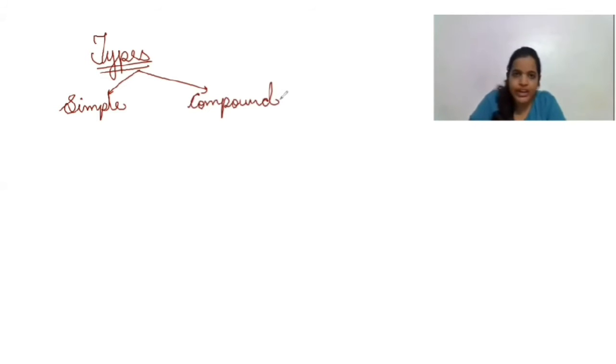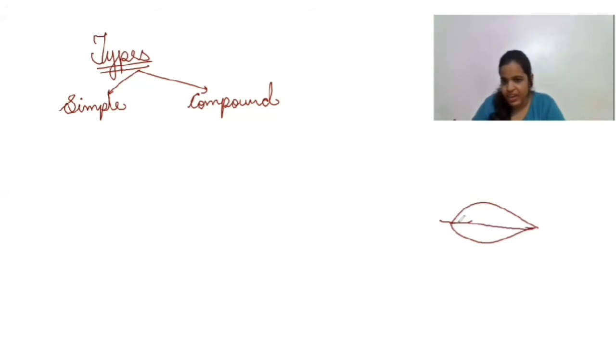Now, how do we classify the leaves? Let me tell you, I'll draw over here. This is one leaf, right? And I told you that this main line is the midrib, right? Now, the leaves are not always of this plain structure.